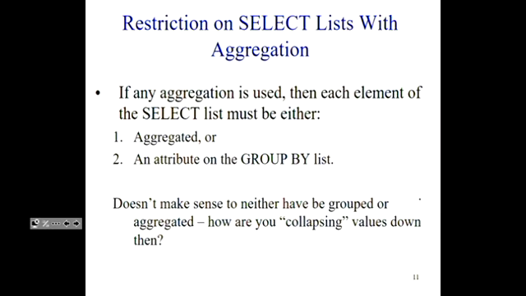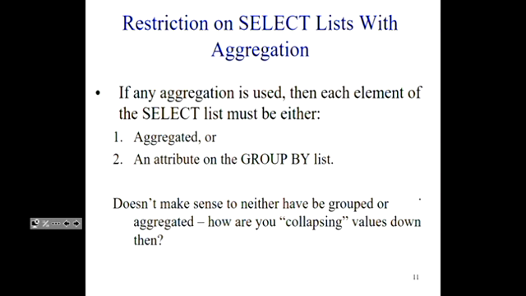So if I'm using an aggregation, then we have some rules of thumb on how you can use an aggregation. Basically, every element of the eventual select clause in my aggregation must be either something that's being aggregated or something that's being grouped by. Okay? So if it's something that is neither aggregated nor grouped by, that is a problem, because those attributes can take on multiple values.